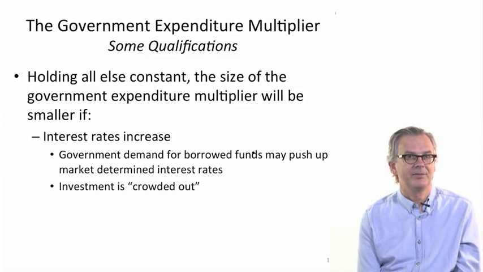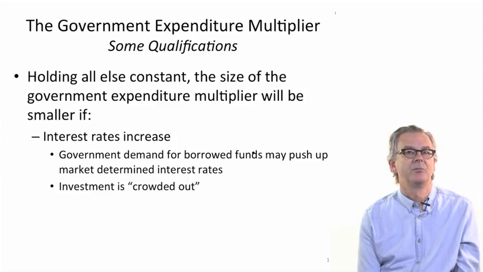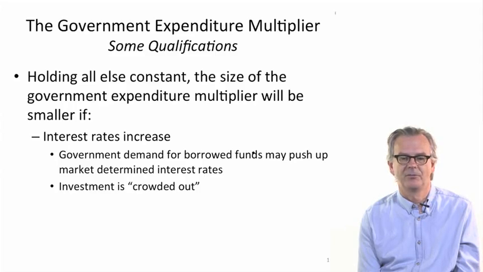You might actually be discouraging firms from investing because the act of government borrowing is pushing up interest rates. To the extent that this is happening, that you're getting this offsetting decrease in planned investment, then the multiplier associated with the increased government expenditure might actually be a bit smaller than what we first might have thought.